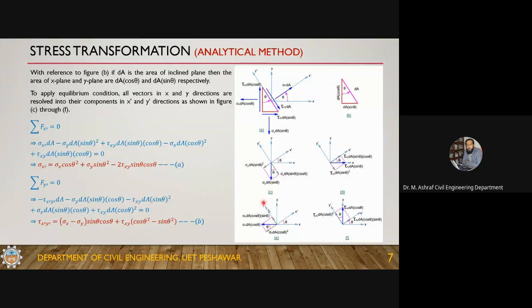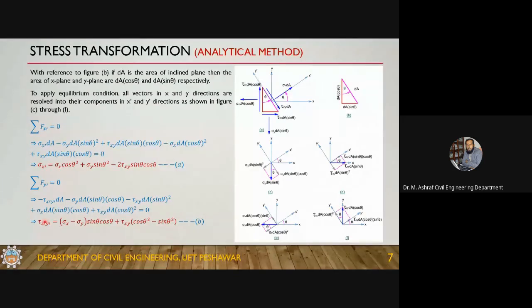This is a positive force, sigma x dA sine theta cos theta, and this is also a positive force, tau xy dA cos square theta, equal to 0. If you simplify this, tau x prime y prime is equal to sigma x minus sigma y times sine theta cos theta, plus tau xy times cos square theta minus sine square theta.